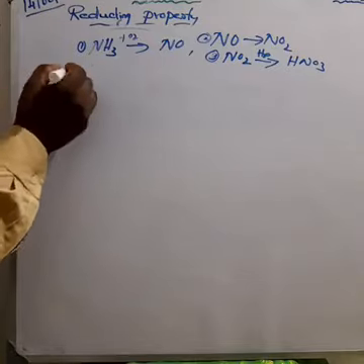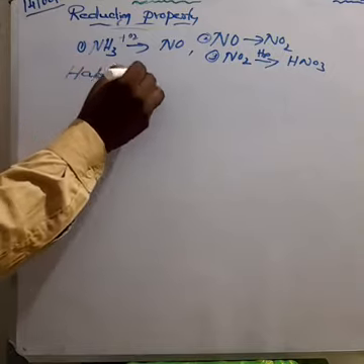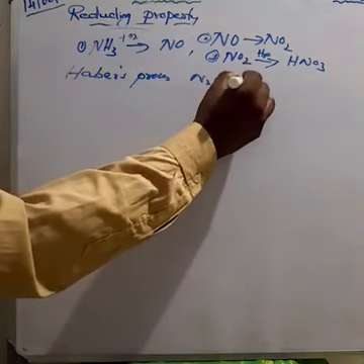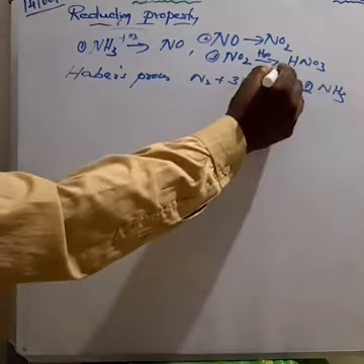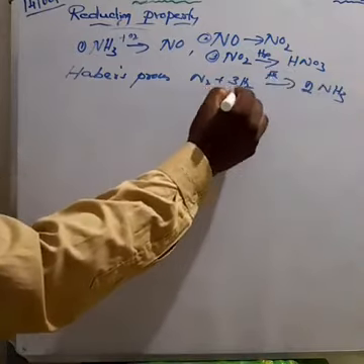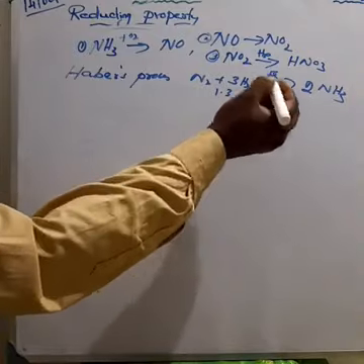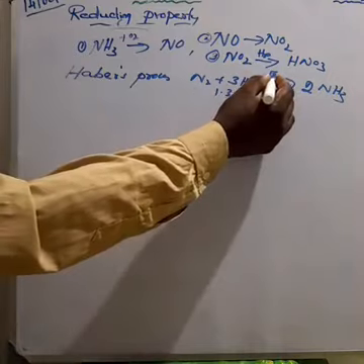Here, ammonia preparation. The previous day we discussed that ammonia is prepared by Haber's process. What is Haber's process? One molecule of nitrogen combines with 3 molecules of hydrogen, we get 2 molecules of ammonia. Am I right? The ratio is 1:3. Here we are applying temperature, pressure, catalyst.